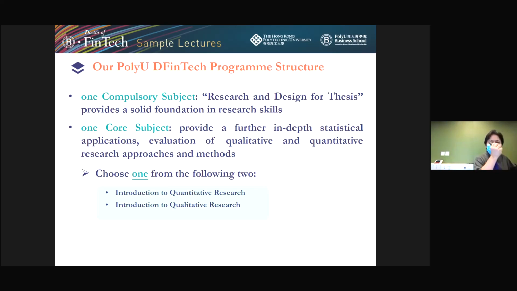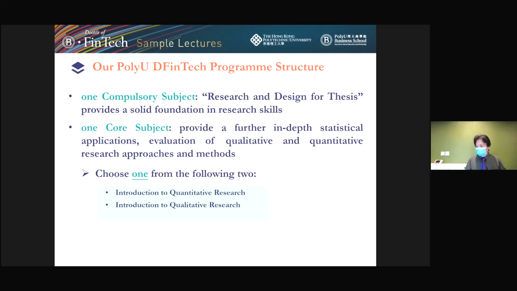If the area is related to digital areas, that will be taught in qualitative research. But if your focus is really on economics, accounting, data analytics, that sort of stuff, then you want to do quantitative research. So you have to take one out of these 2. That is the difference between core and compulsory.